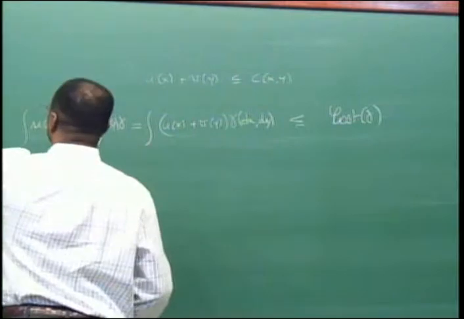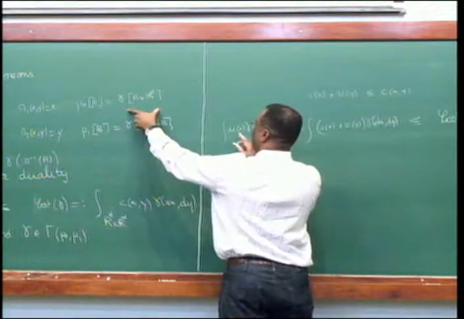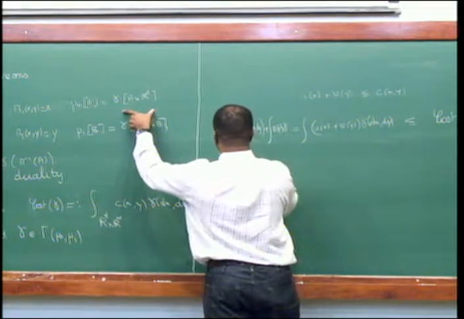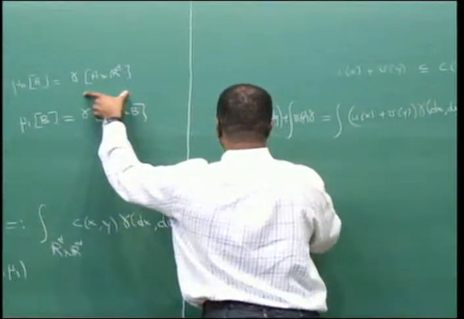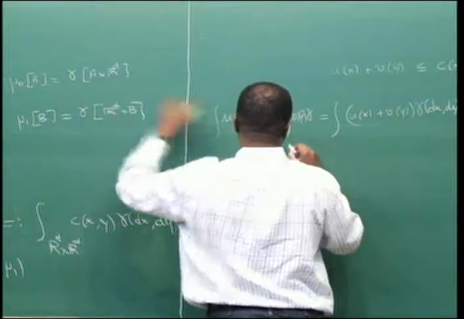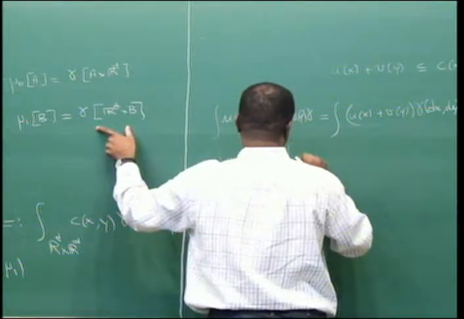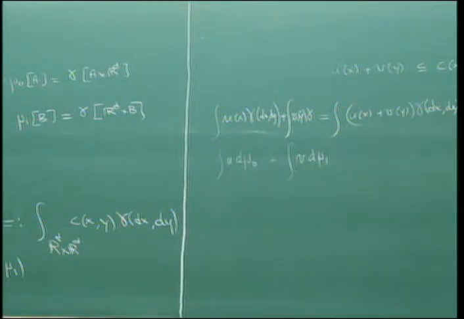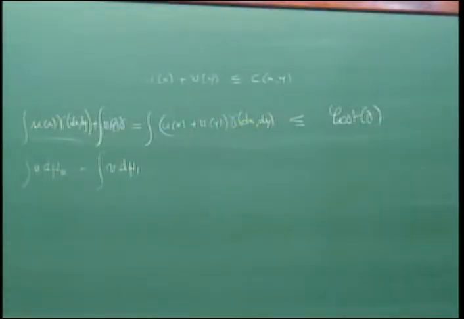Now, this condition, if you replace u by a characteristic function, this condition is telling me that this is the integral of u d mu naught. And that condition is telling me this is the integral of v d mu 1. And so we have the required inequality. Here is what I want to do next.